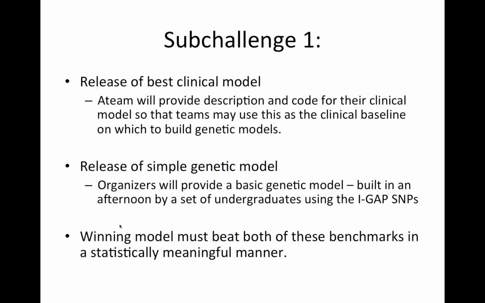And really, this is a very simple genetic model. It was built in one afternoon by a set of undergraduates in Utah. And so I trust that every single one of you will be able to beat that. But we want to put a little benchmark out there. And so there you go.